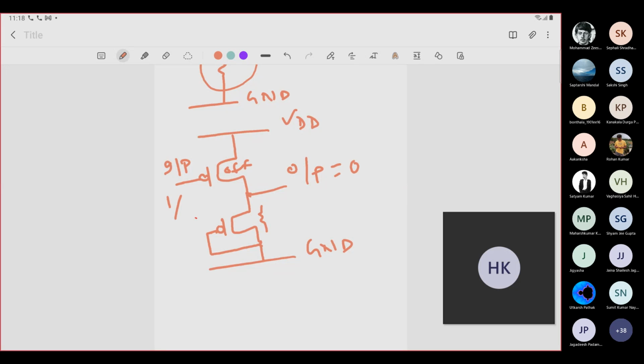And when you give the input as 0, the driver transistor will be on, so the output will be pulled to the VDD, and you will get a logic 1. So this is the circuit topology for the PMOS active load inverter.